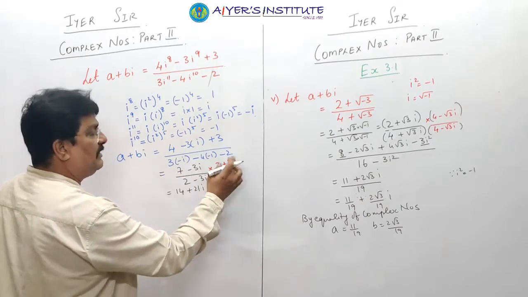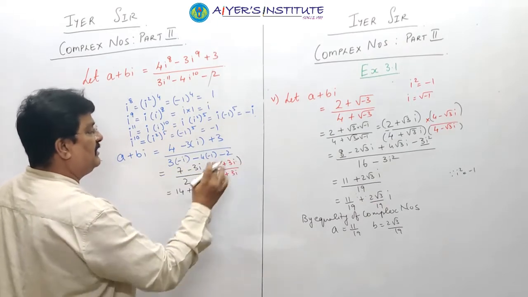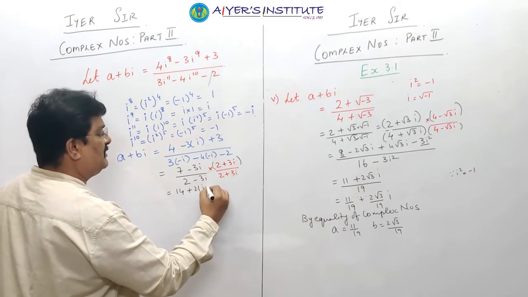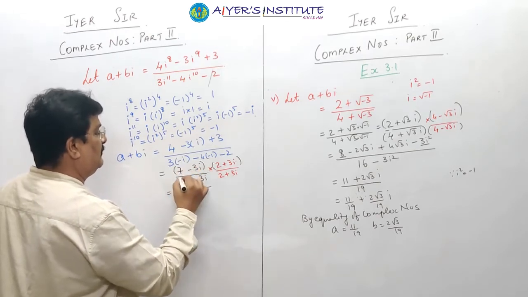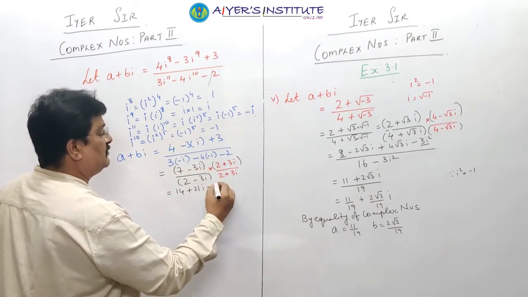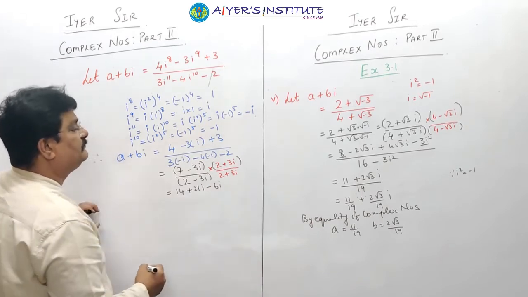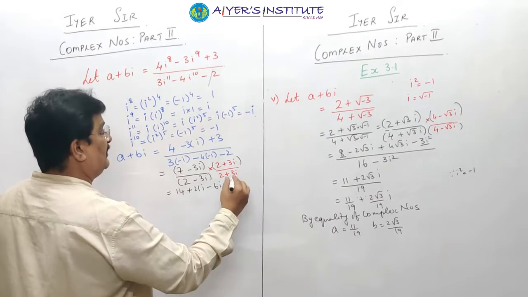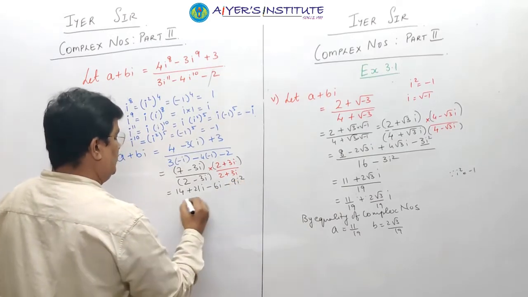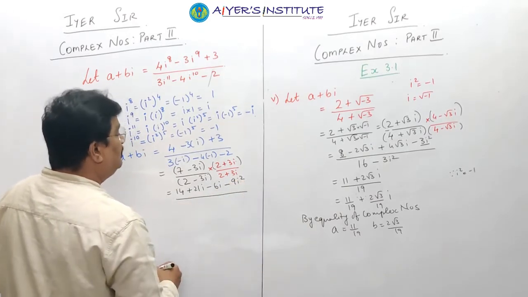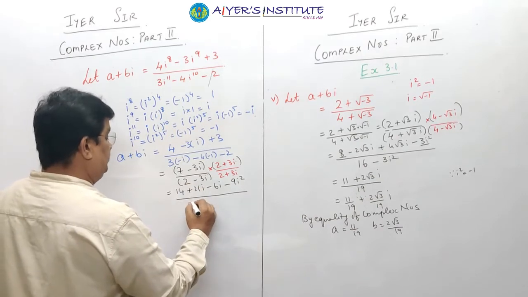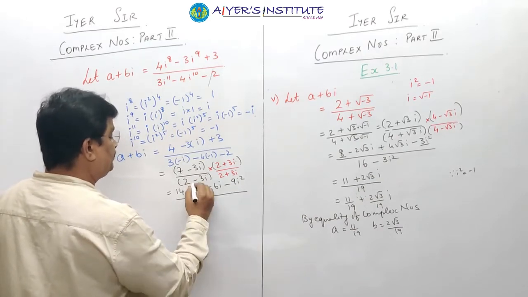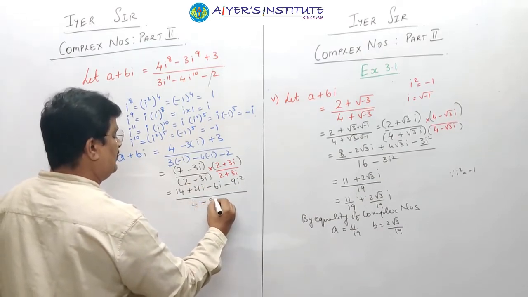First 7 multiplies the whole bracket, then minus 3i: minus 3 into 2 is minus 6i, minus into minus is plus, 3 3s are 9i square. The denominator is 4 minus 9i square.